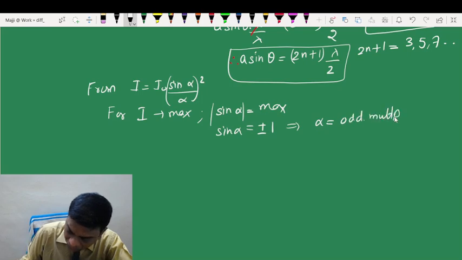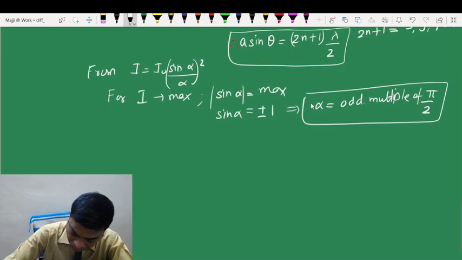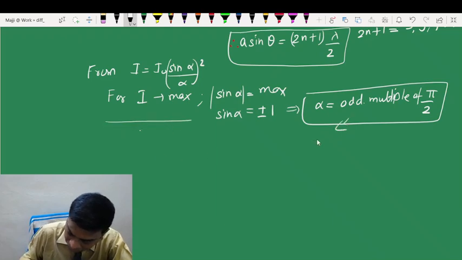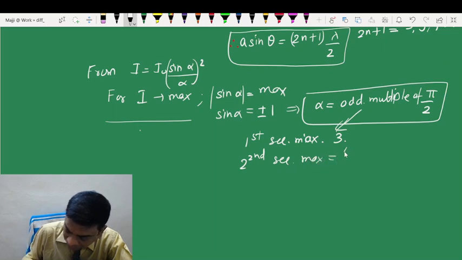So for the first secondary maximum, this odd multiple should be 3, and for the second secondary maximum, this odd multiple must be 5.